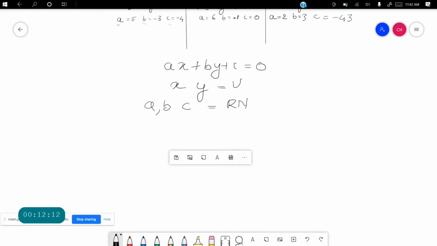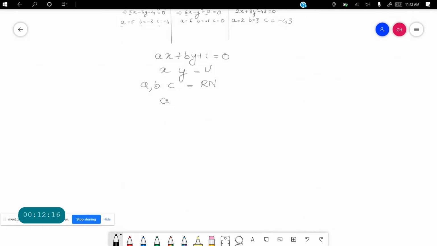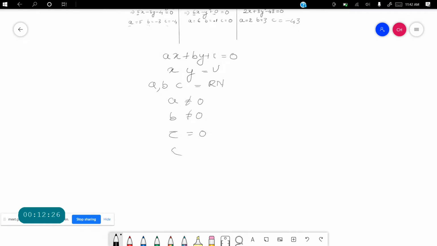Another condition is that a should not be equal to 0 and b should not be equal to 0, but c can be equal to or not equal to 0. It may be a number like 2, that is possible. With these three conditions, if an equation is put into this general form, then it is called a linear equation with two variables.